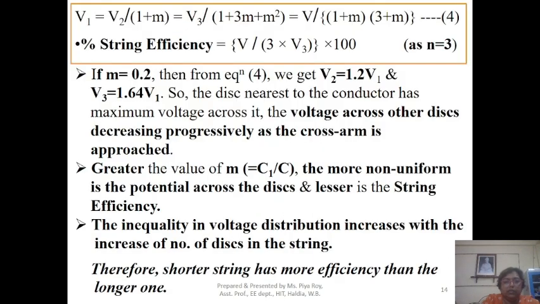In our previous example, we discussed M equal to 0.2, and we found the V2 value and V3 value.